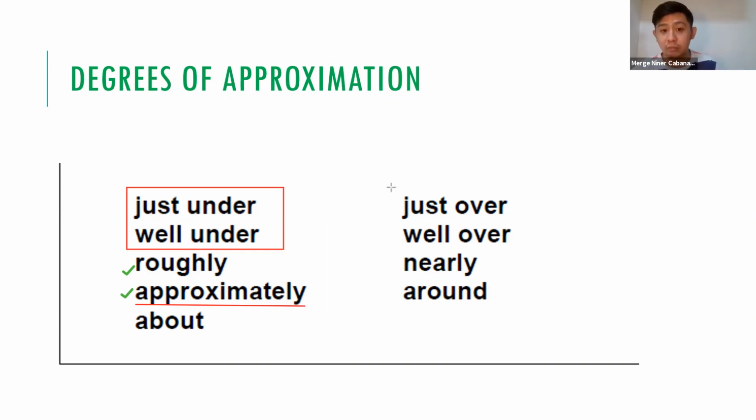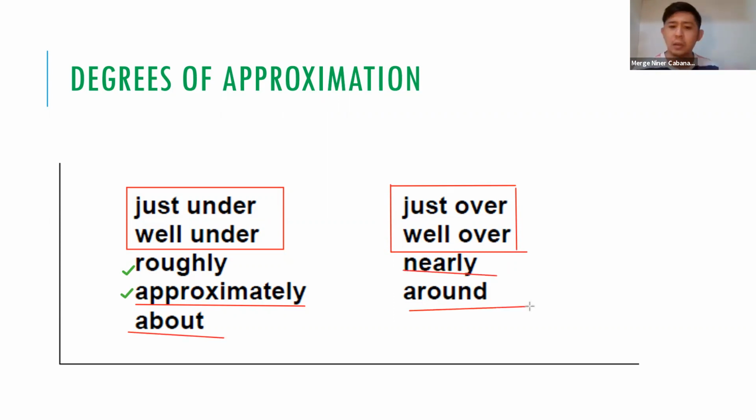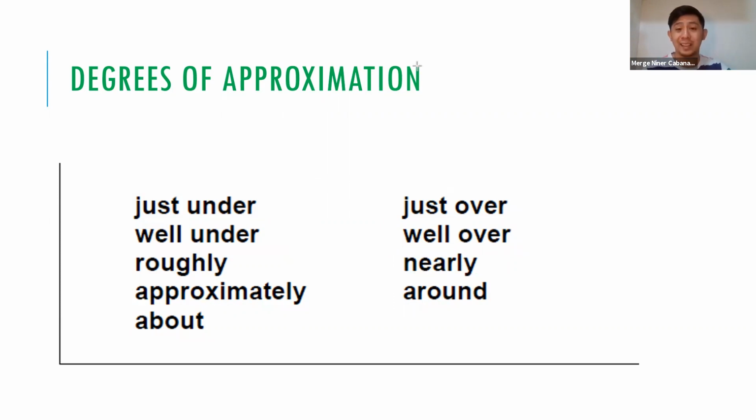If it is over, then of course, be my own guest. Just over 20%, well over 35 million, just under 25,000. So you can use the following, all right? About 30, nearly 20%, around 2 tons. So you can use those words to pertain to the degrees of approximation, so that you can never go wrong with your presentation. It does sound more accurate.